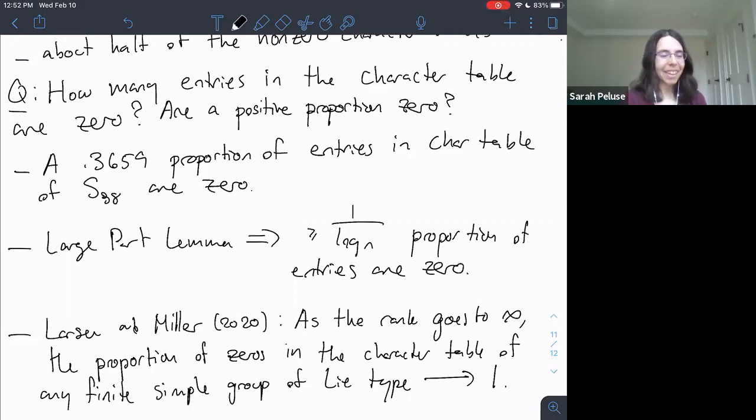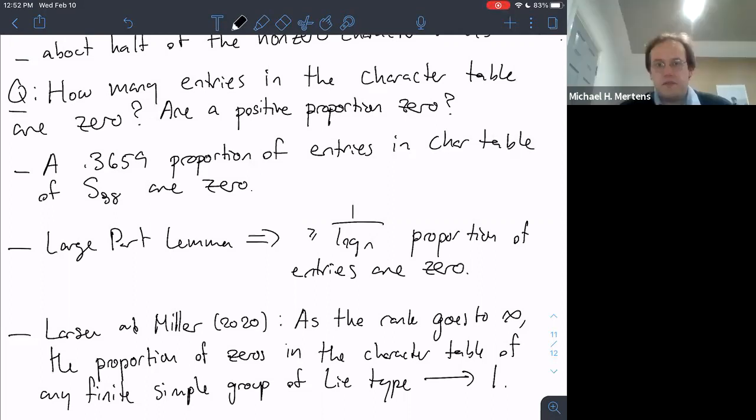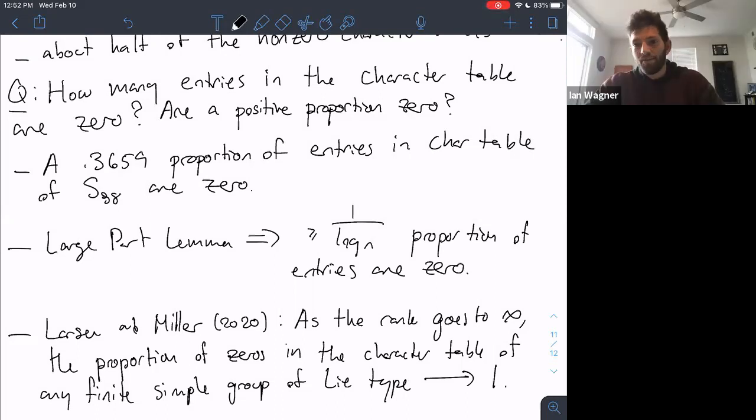I'll think about it. The entries are algebraic integers, and it still makes sense to ask whether an algebraic integer is even or not. So you might not even have to know the exact field. It's true. And obviously the questions about being zero always make sense.